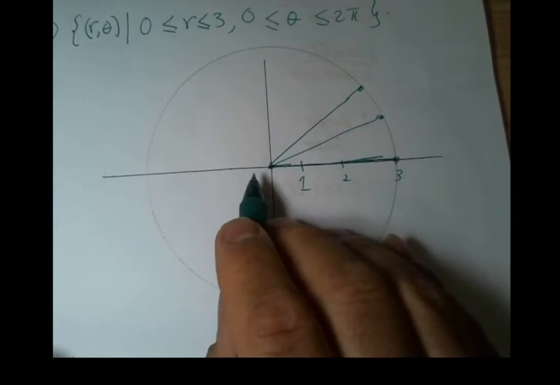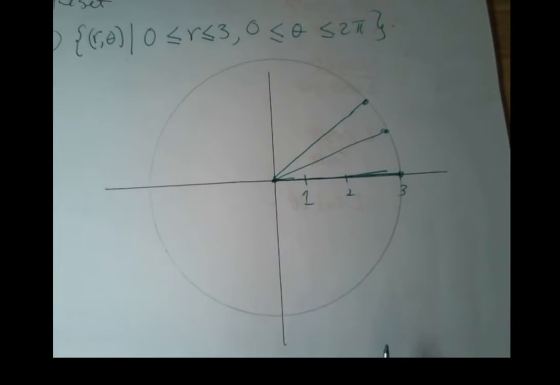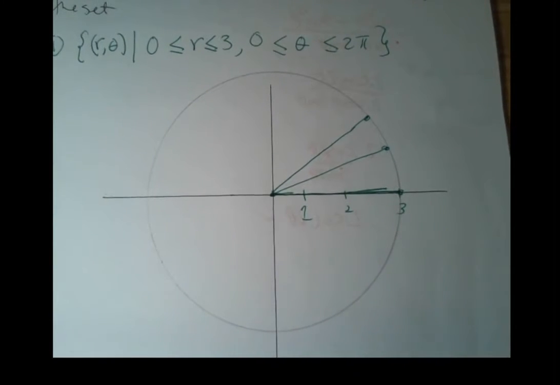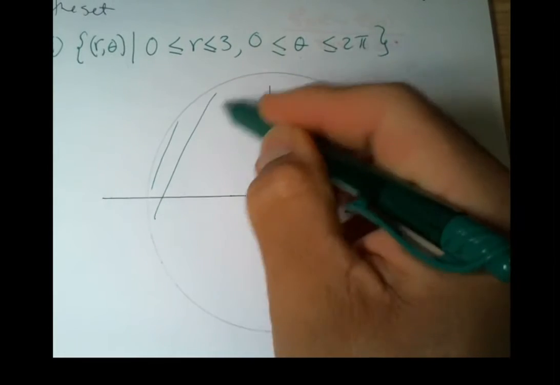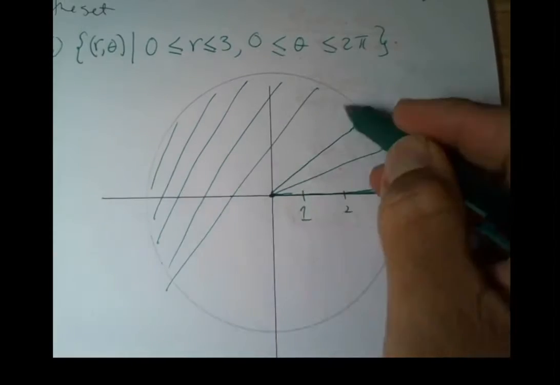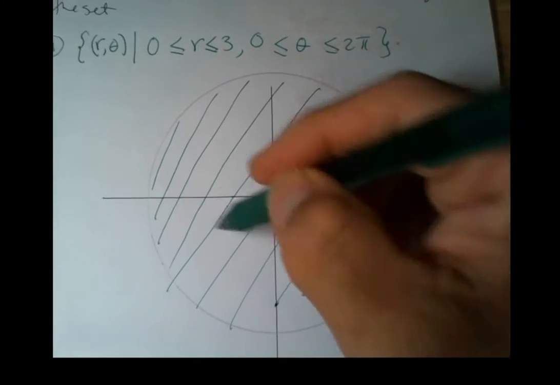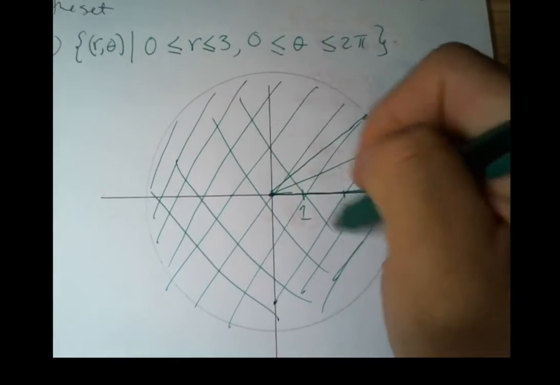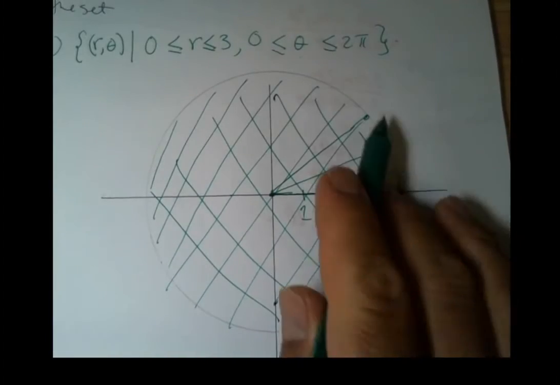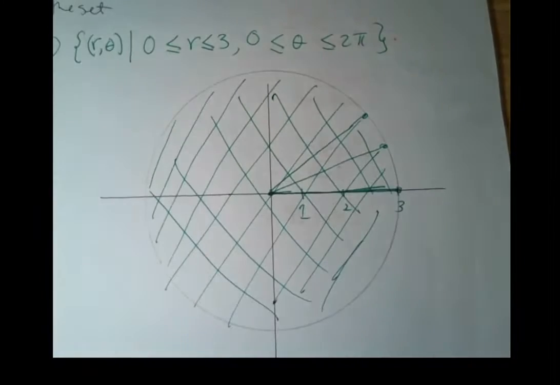All these correspond to values between 0 and 3. Again, these polar graphs, when r is just a constant, refer to a circle. So we're looking for all of these points from the angles 0 to 2 pi, including the boundary, since it's less than or equal to 3.